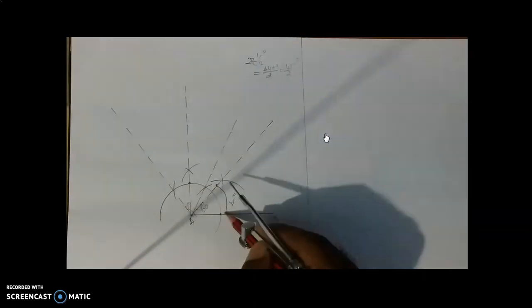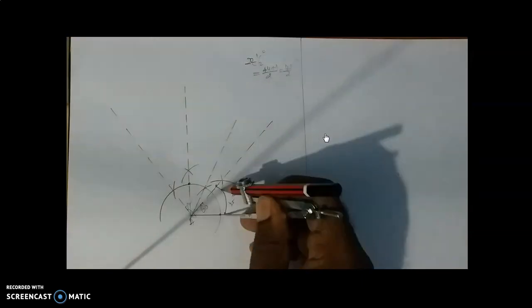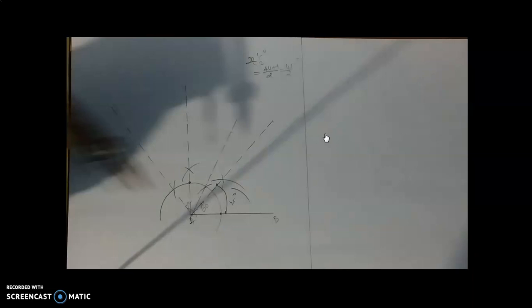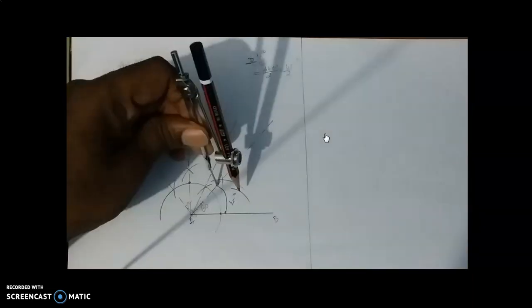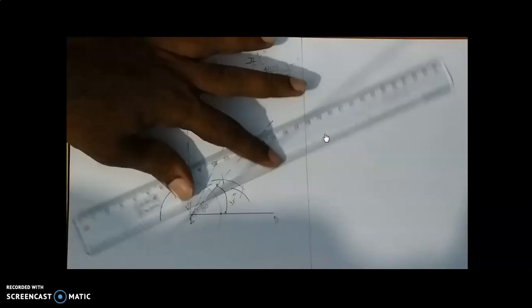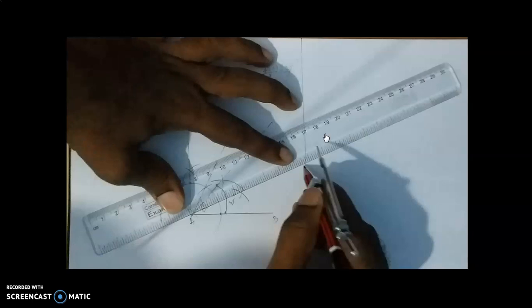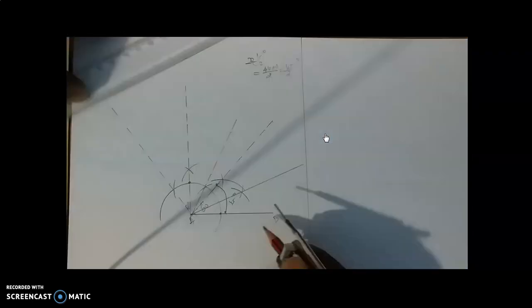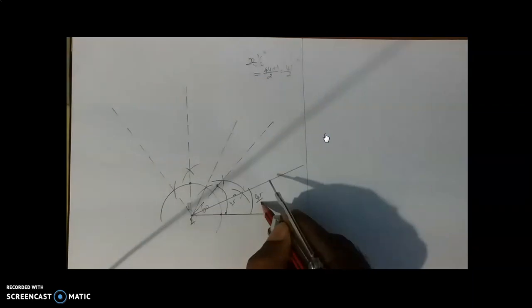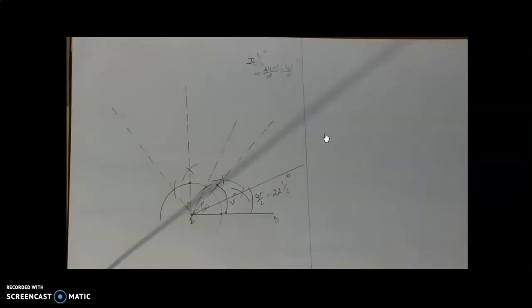Keep your compass here, take more than half of this, and draw one arc here, and with the same measurement keep your compass here, draw one more arc, and draw a line through this from A. So that's all. This is nothing but 45 by 2, that is 22 and a half degree, right? That is the procedure.